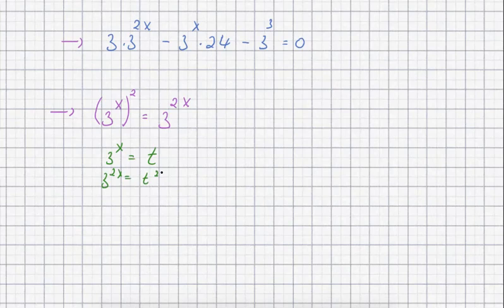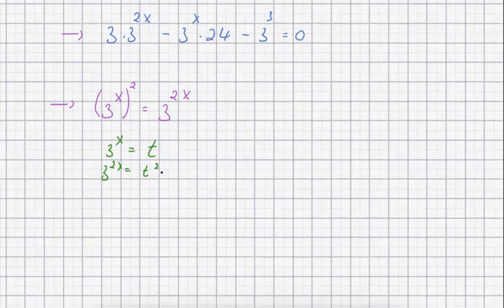It's just dumb. I understand. So now you do 3t squared minus 24t minus 9 equals 0.